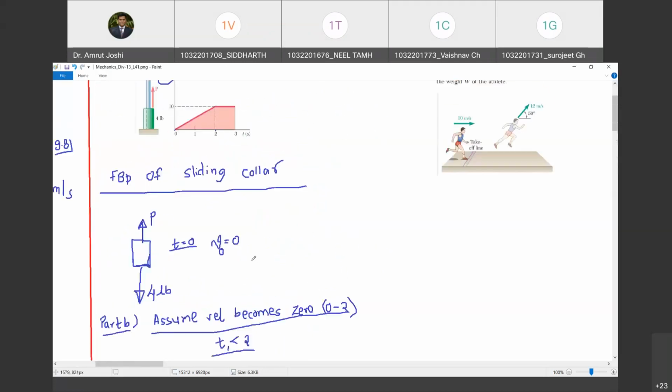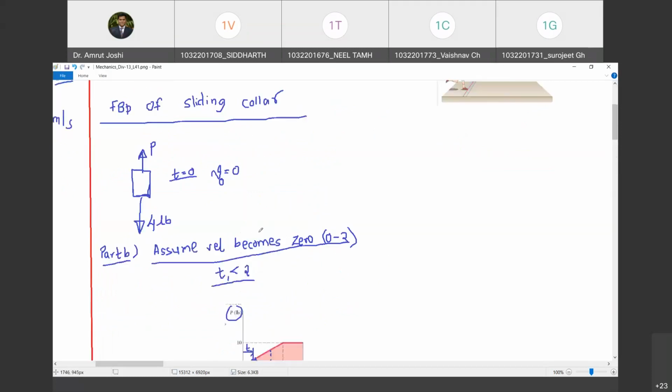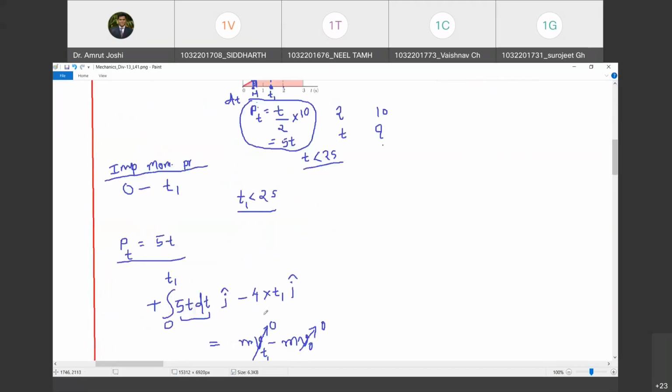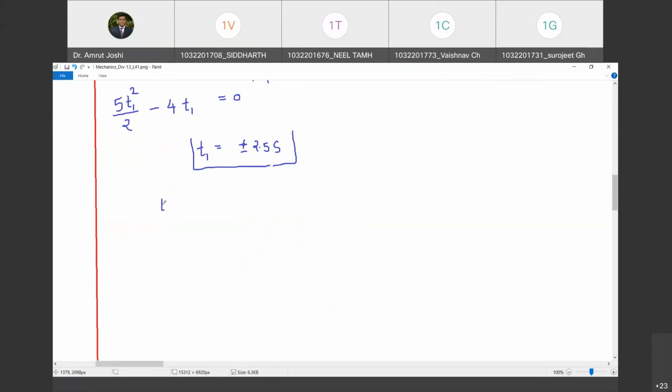No, because we assume that time t1 lies within 2 seconds. And what we have got is t1 is greater than 2 seconds. Do you agree with me? Yes, sir. It is greater than 2 seconds. So therefore, our assumption is not correct.